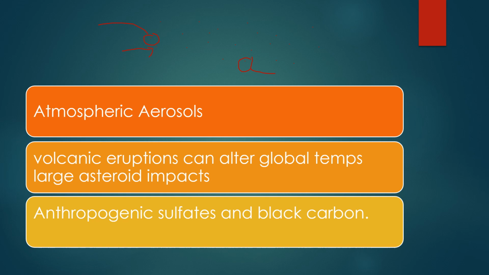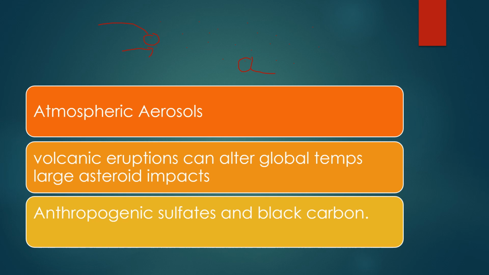We haven't lived through one, but it is a possibility, and there is evidence of that. So like a super volcano that erupts, like Yellowstone, the last time it erupted, there was ash found all the way in Florida. So that is enough ash in the atmosphere to alter global temperatures.